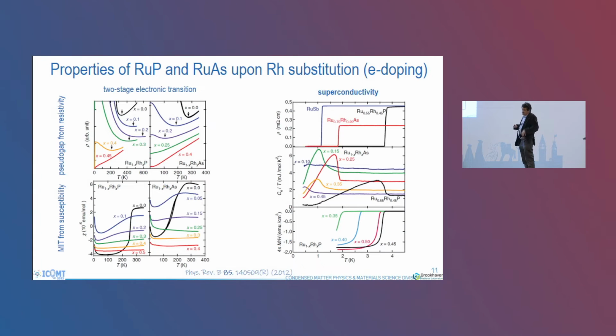Okay, so when you now substitute rhodium instead of ruthenium, meaning if you dope, this system starts evolving and ultimately it displays superconductivity in both phosphorus and arsenic variants, whereas the antimony version of the material is superconducting by itself. It's metallic all the way and then at low temperature displays superconductivity.